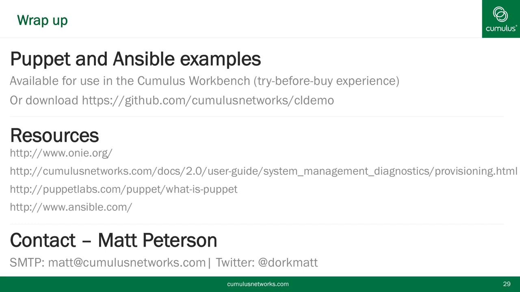Just as customers have their choice of shells and their choice of routing protocols, we're not going to push a philosophical vision to customers that they need to use only X automation software. We're very supportive, as best as we can, of all the popular open source and commercial automation suites.